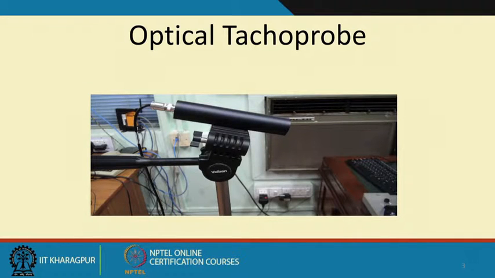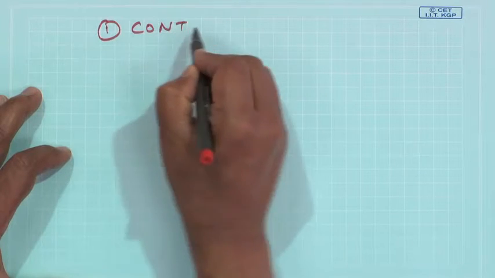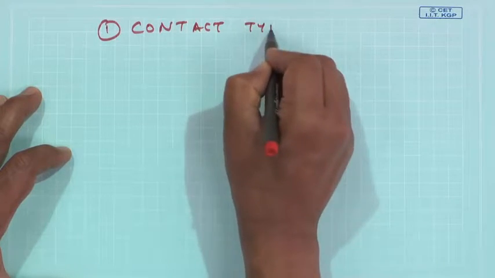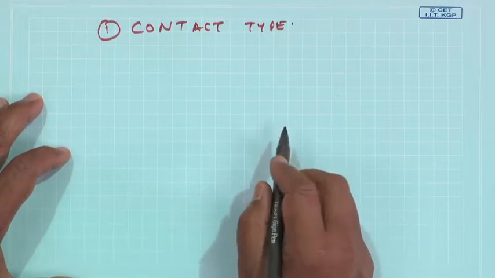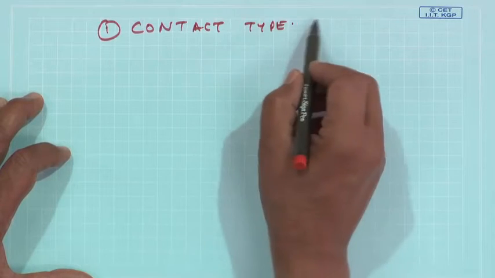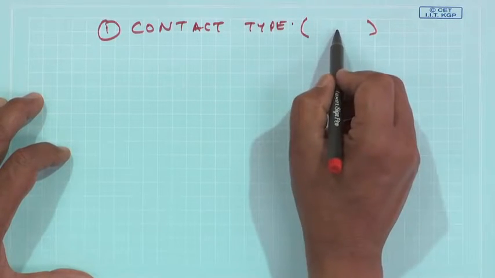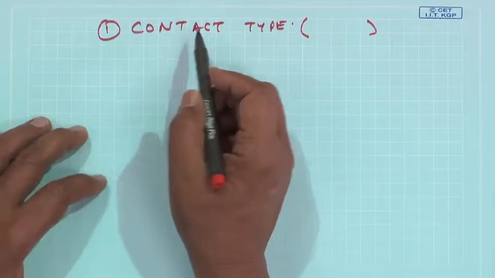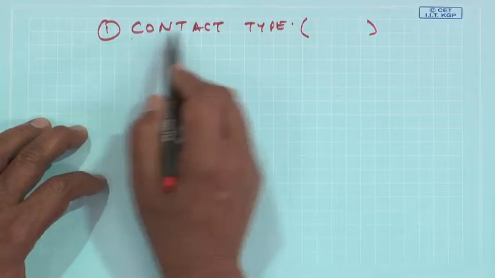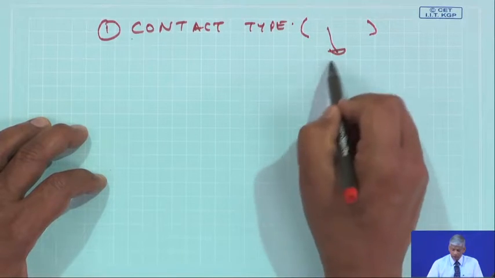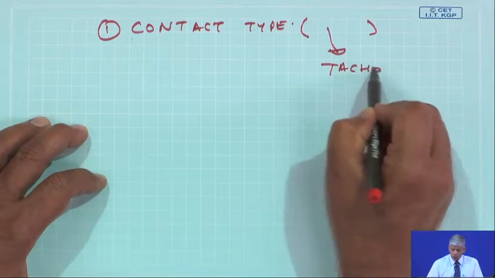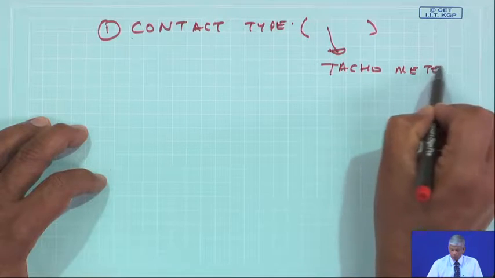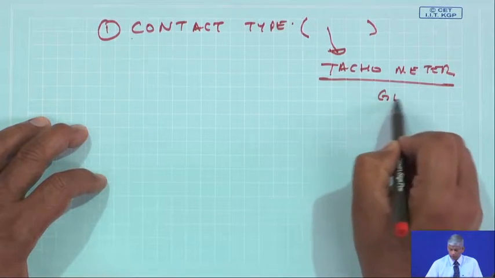Of course, all these rotational speeds, some are the contact type. And this would be loading the system, but then with contact type, you are measuring something like a tachometer or a tacho generator.